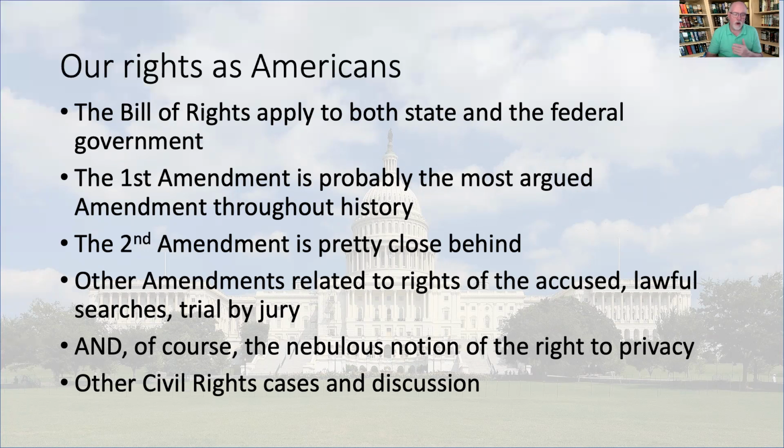Now, you could argue that you have the right against unlawful searches, rights of the accused, a right against self-incrimination. But beginning with Roe versus Wade, they have invented, in my opinion and that of other legal scholars, this nebulous notion of a right to privacy without really defining what privacy means particularly well. Okay. And of course, there could be other civil rights cases and discussions related to these other amendments.